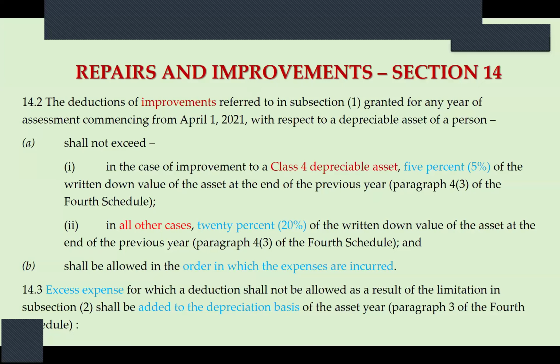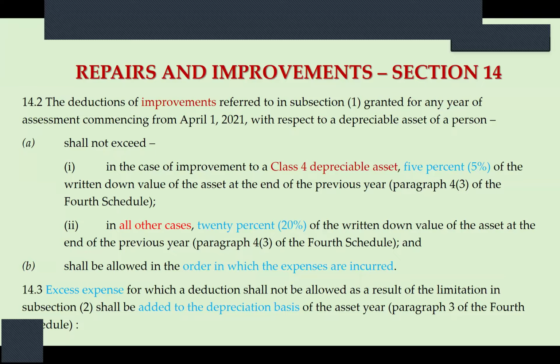So what you have to keep in your mind: we can deduct expenditure for repair and improvement if that repair and improvement is incurred on a depreciable asset. Section 14 is applicable. If it is for repair expenditure, without any restriction, the total expenditure can be deducted.